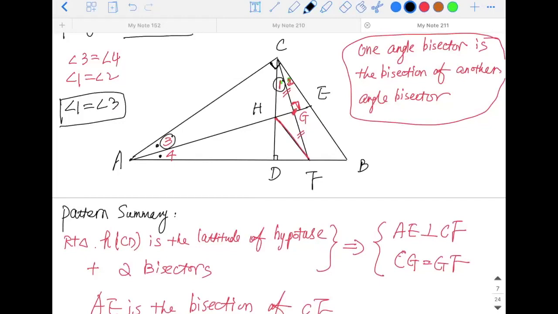Okay, I'll give you some explanation. Why? This is also very important. You see, if this is a rectangle, let's check out from here. I call this angle theta.